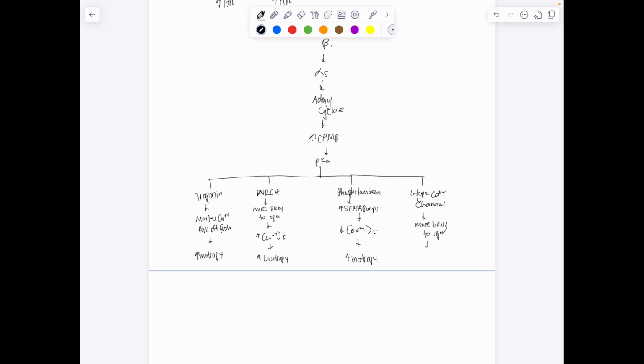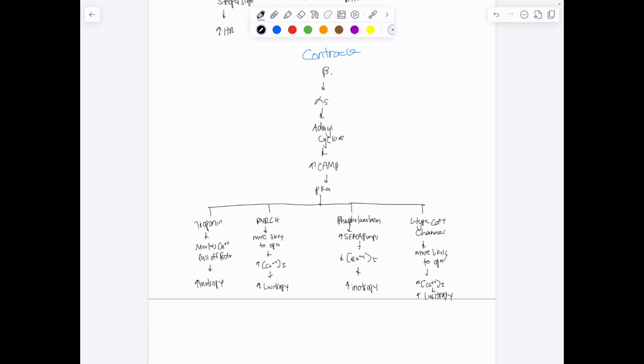Then that will cause an increase in our calcium concentration, and that will cause an increase in lusotropy as well. And one thing to mention here too is our alpha subunit, if it doesn't get phosphorylated, it could still do the L type calcium channels.